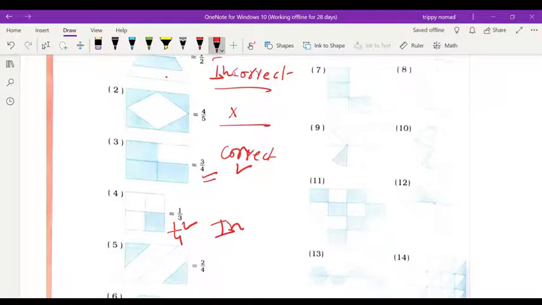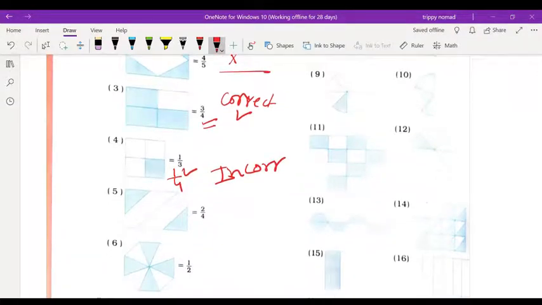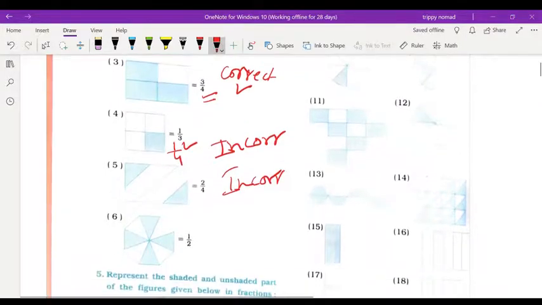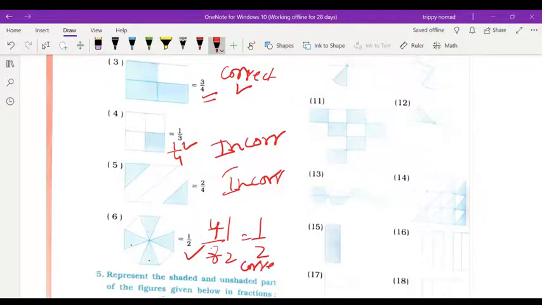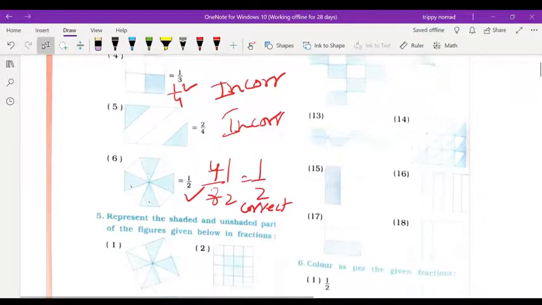Next one. This is first not divided properly, so this is also incorrect. And here it is divided equally. Now let us see 1, 2, 3, 4, and 4 out of 8. 4 ones are 4, 4 twos are 8, so 1 by 2. That means correct. So you will write correct here. I hope you understood the fourth question also.